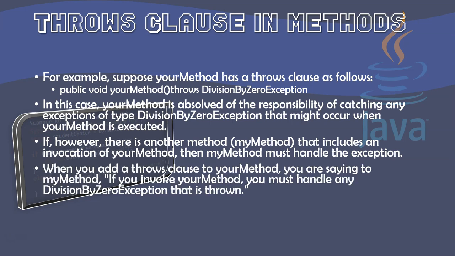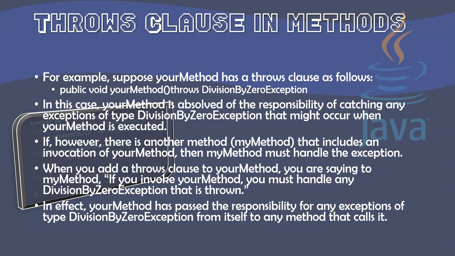When you add a throws clause to your method, you're saying to myMethod that if you invoke it, you have to handle any division by zero exception that is thrown. So in effect, your method has passed responsibility for any division by zero exception from that original method to any method that is calling it. Again, that's a shifting of responsibility. Rather than being handled by that first method, it's now going to be handled by a successive method.